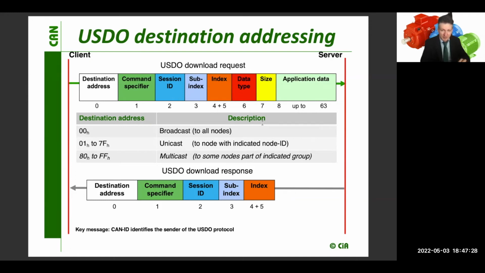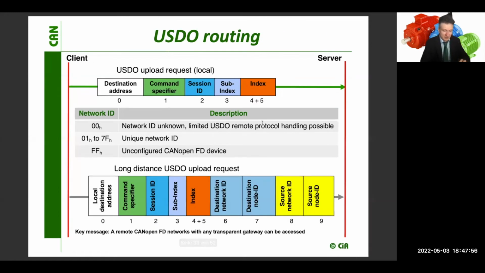In contrary to PDO, due to the number of effective bytes in there, the configuration of the USDO service is completely stored and pushed into the data content itself. It frees the user from this configuration overhead whatsoever.